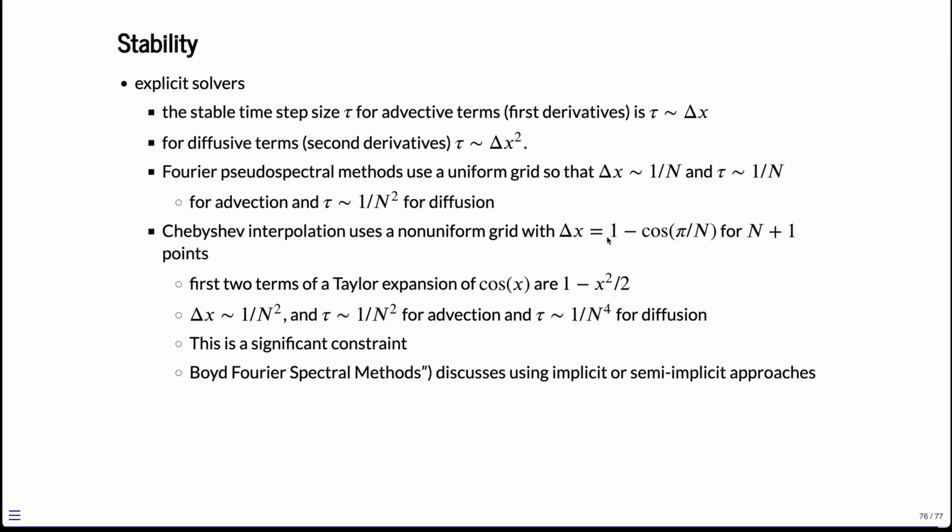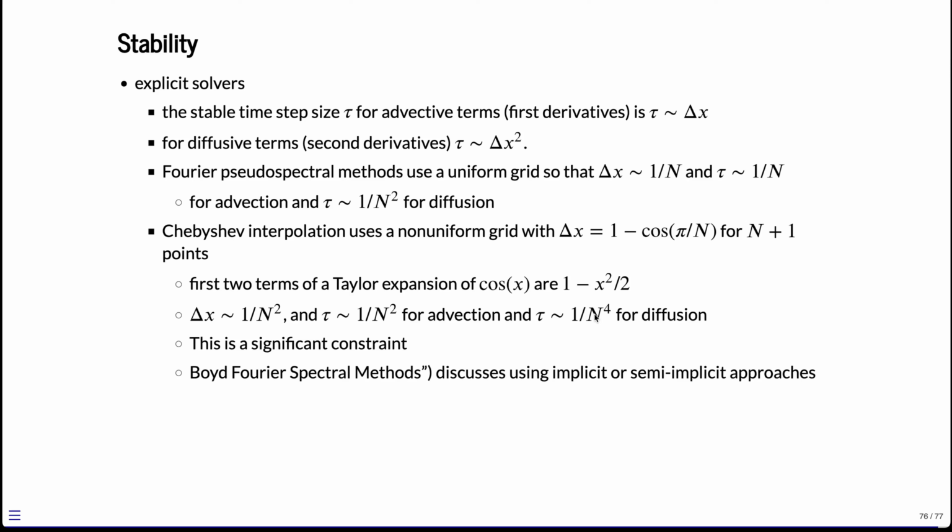And in that case, our grid spacing, delta x, looks like 1 minus cosine of pi over n for n plus 1 grid points. And if you look at this, the first two terms of the Taylor series expansion of cosine x are 1 minus x squared over 2. And this means that when you plug this in for this cosine term here, delta x goes like 1 over n squared, and tau goes like 1 over n squared for advection, but for diffusion it goes like 1 over n to the 4th.